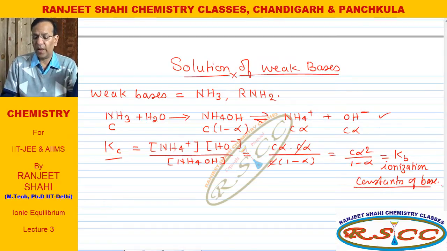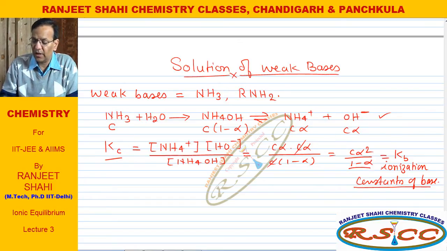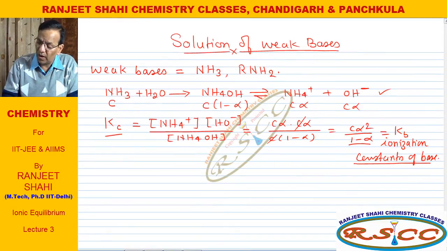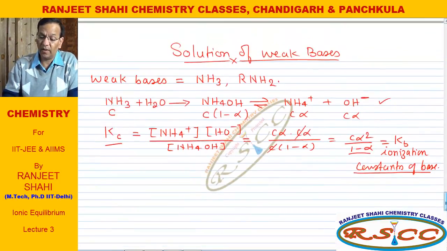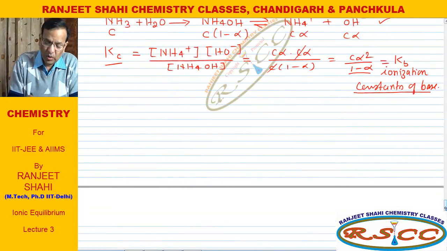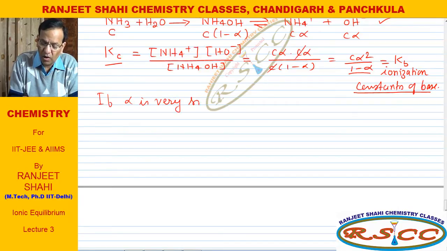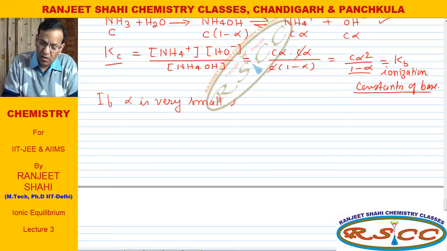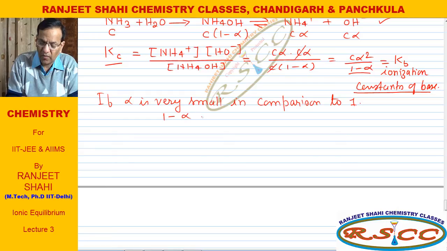Once again, we will apply the same approximation here to solve the solution of weak base. We will assume first alpha to be negligible. So, if alpha is very small, 1 minus alpha can be approximately written equal to 1.